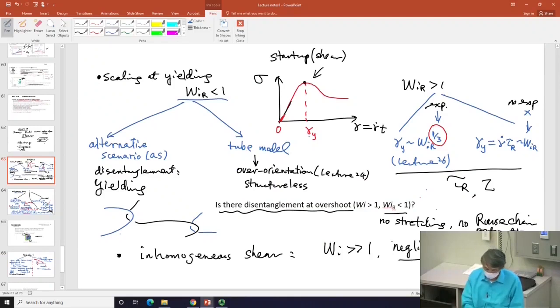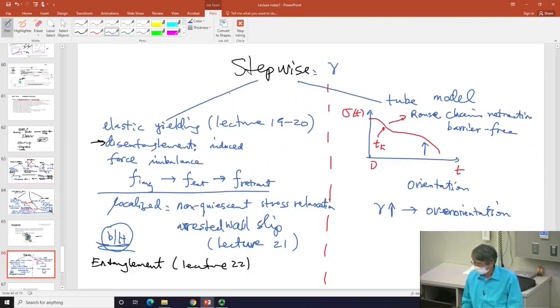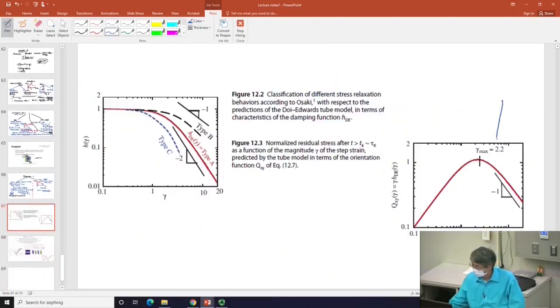Over-orientation leads to a drop in stress. So similarly, what's left to hold the stress due to chain orientation could suffer the same effect of over-orientation, such that the stress at higher applied strain beyond 2.2 could be lower, because this is nothing but the stress at long times. And therefore, it's very surprising.